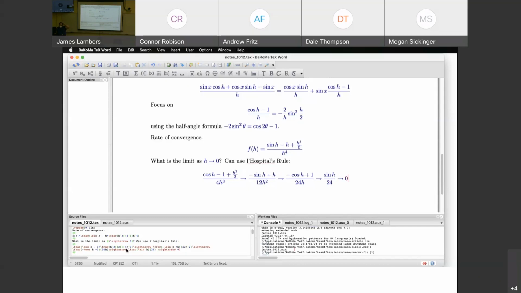So what problem was showing up because of the minus sign? I had given an expression where, as you'll see when we work it out, the numerator would be order h cubed divided by order h to the 4th, so the whole expression is order h to the minus 1.